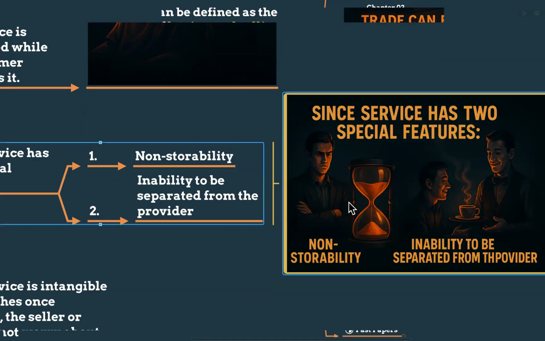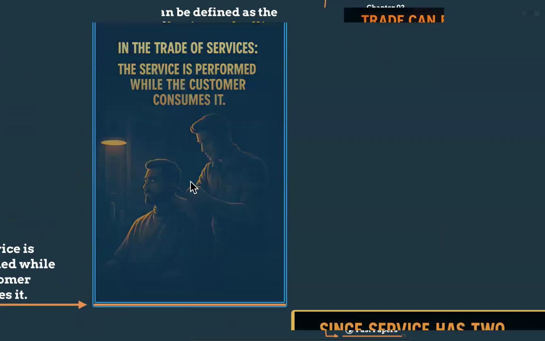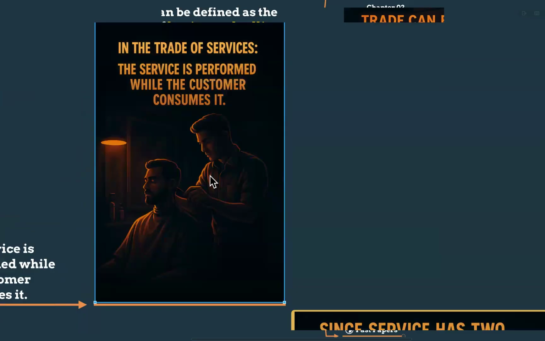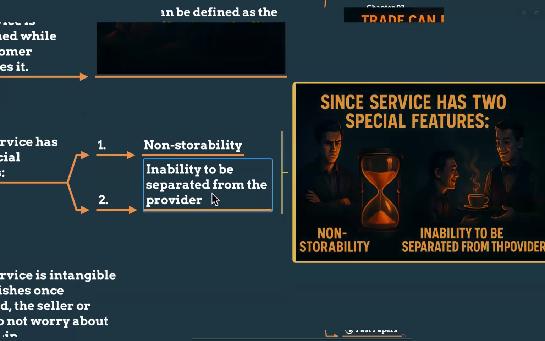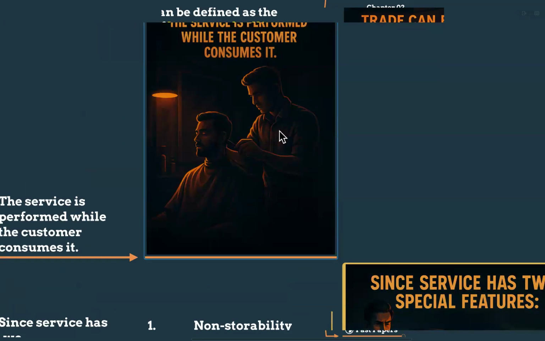Non-storability means you can't keep it, for example, you can't keep a haircut in a box, right? You have to go to the salon and consume it. You can't keep a haircut in a box in your home, right? That is non-storability. And what about inseparability? Inseparability means, for example, in this example, the barber and the haircut can't be separated. If he's there only, you can get the haircut, otherwise you can't.